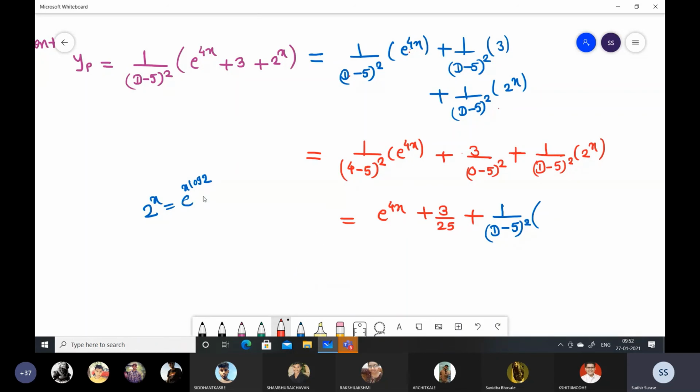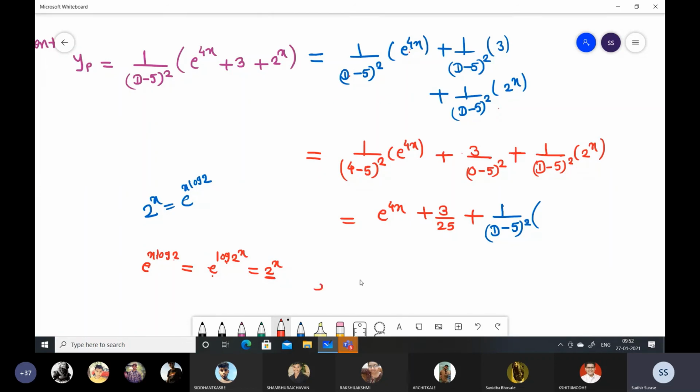Do you know this? Right. So e to the power x log 2, using the property of logarithm, will be e to the power log 2 to the power x, and e and log cancel each other. So that will be simply 2 to the power x. Yes, we can. So 2 to the power x can be written as e to the power x log 2.